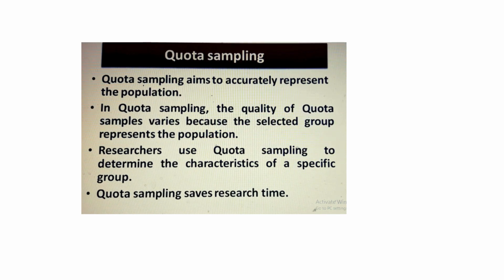Quota sampling aims to accurately represent the population. In quota sampling, the quality of quota sample varies because the selected group represents the population. Researchers use quota sampling to determine the characteristics of a specific group. Quota sampling saves research time.